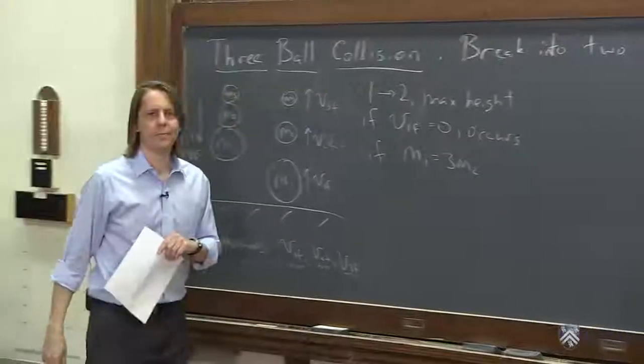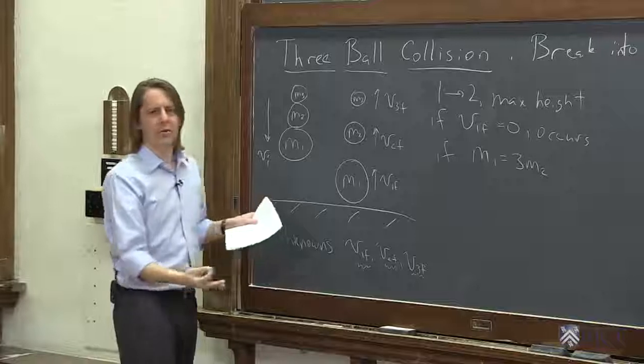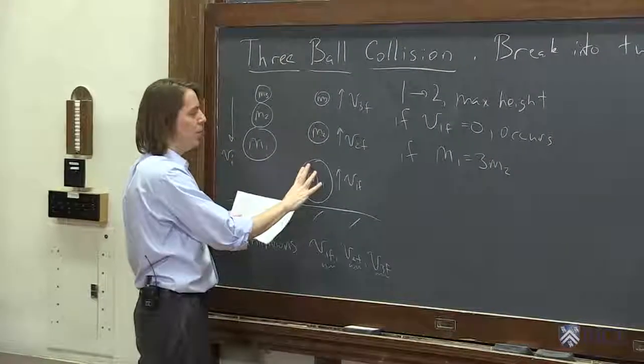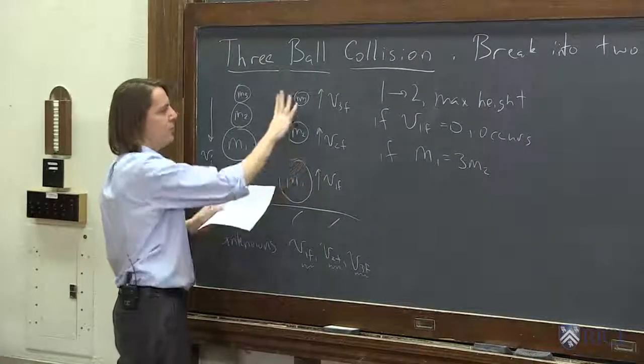So we know that ratio. And since we're doing these sequentially, that condition still holds. That doesn't change in the 3-ball problem because that collision needs to happen in a way that holds M1 at V1F equals 0, and then all we have to do is deal with the second collision.